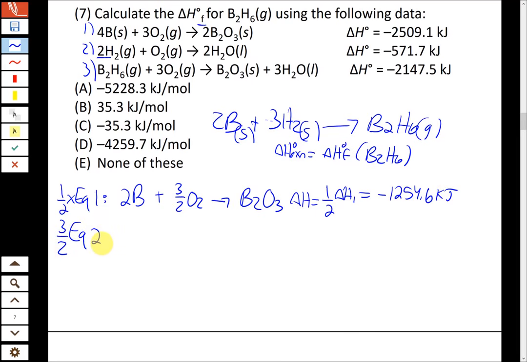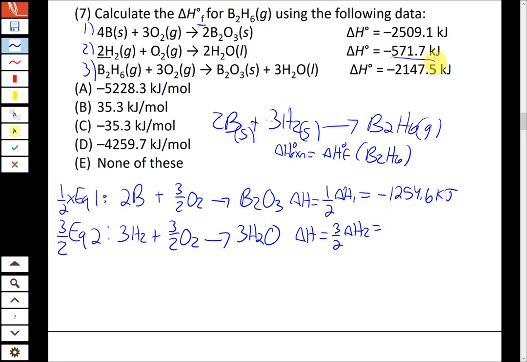So we're going to do 3/2 times equation 2, which is going to multiply all of these coefficients by 3/2. So you're going to get 3H2, again 3/2 O2, and then 2 again times 3/2 is 3 H2Os. All right, delta H for this, because we multiply by 3/2, is going to be 3/2 times the delta H for that original equation 2 there. So that number times 3/2 is minus 857.6.